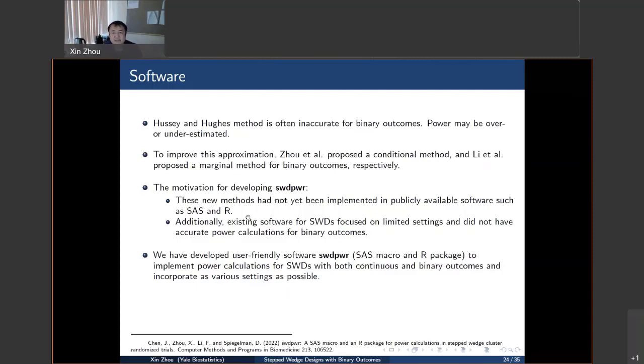And also existing software didn't have accurate power calculation for binary outcome. So we have developed user-friendly software, including a SAS macro and an R package, to implement power calculations for stepped-wedge designs with both continuous and binary outcomes. And in this talk, I only focus on the binary outcomes.